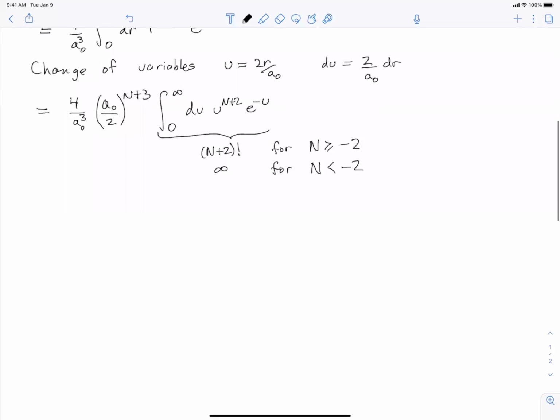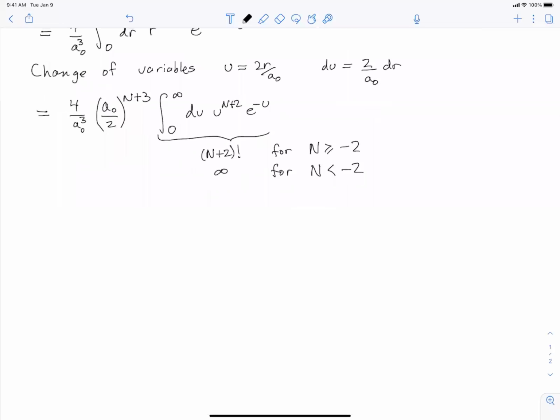Okay, so now we can make sort of a list of the expectation values of powers of the radial coordinate. First, let's do n equals 0. So for n equals 0, we're taking the expectation value of 1, that's r to the 0th power, which is, according to this, 2 factorial. Maybe I should write the general expression here by simplifying.